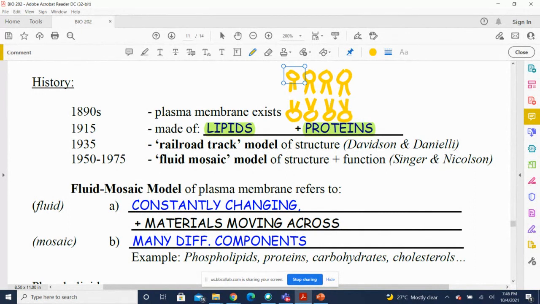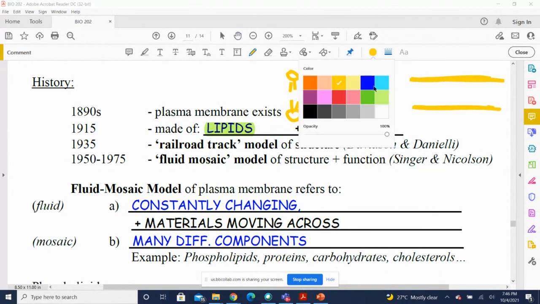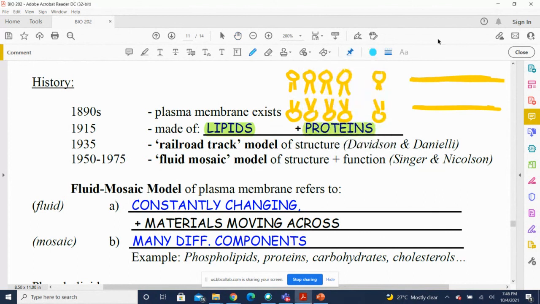And if you really want to make a comparison to the early railroad track model that we discussed, the metal parts of the railroad track would be our phospholipids, and then the proteins would be what goes through, like those wooden beams that hold those two sides together.